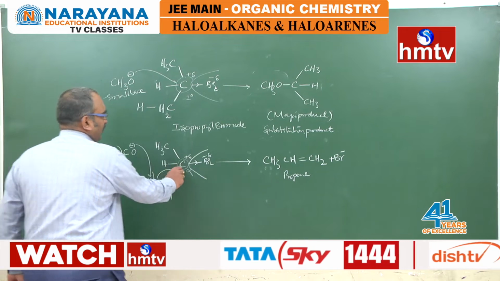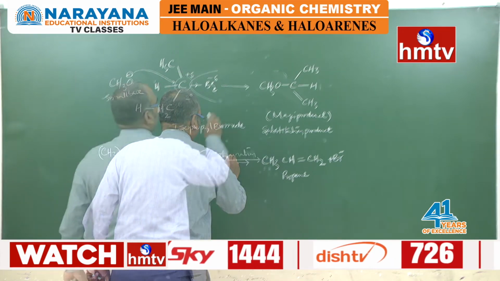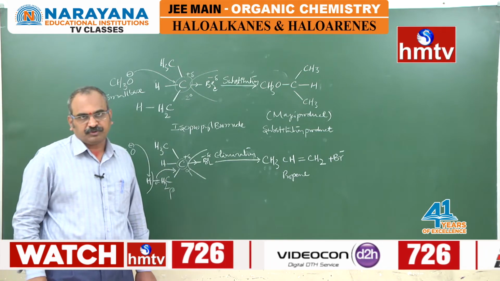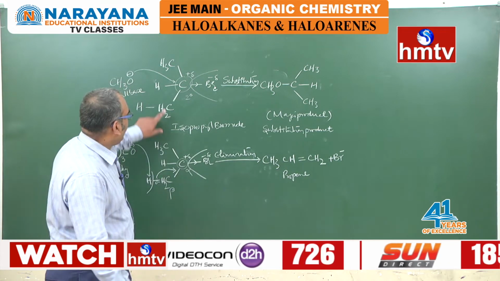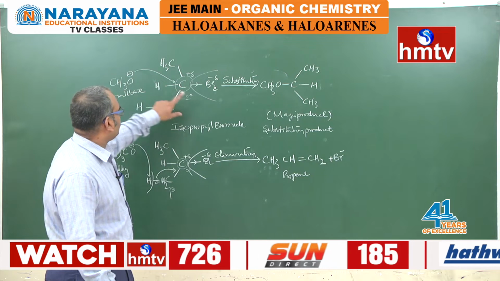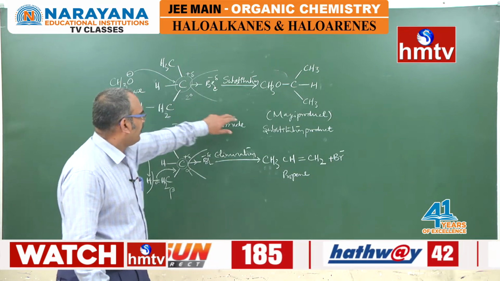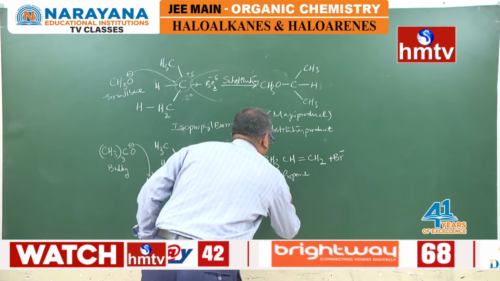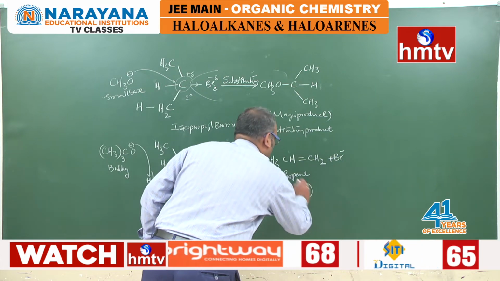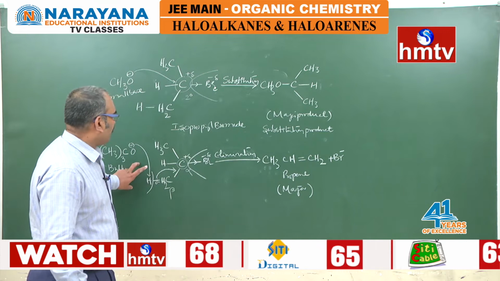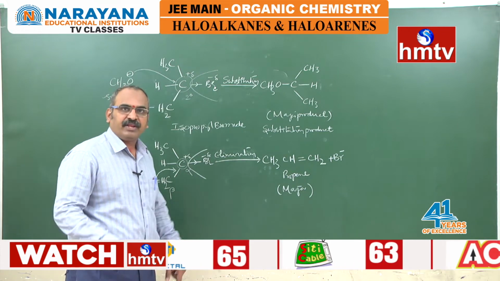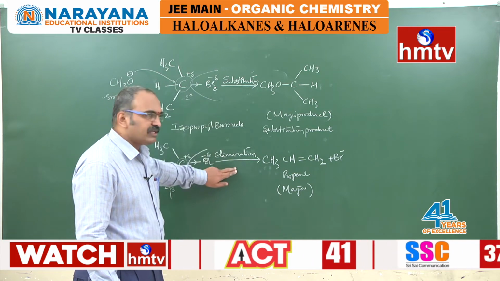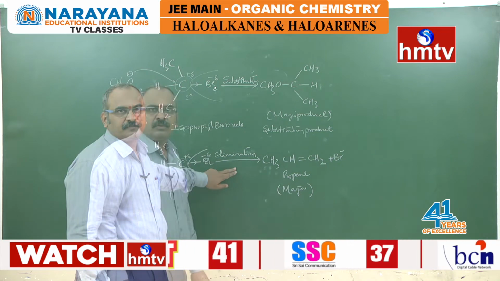Bulky base is giving elimination, whereas small base is giving substitution. I told you that a smaller base gives substitution product as major product and a bulky base gives elimination product as major product. Similarly, low temperature gives substitution product, high temperature gives elimination product.